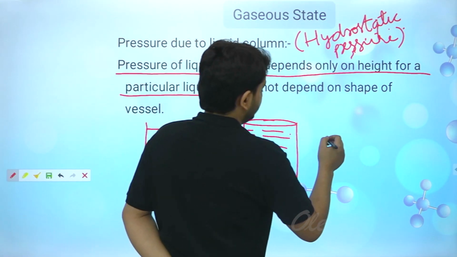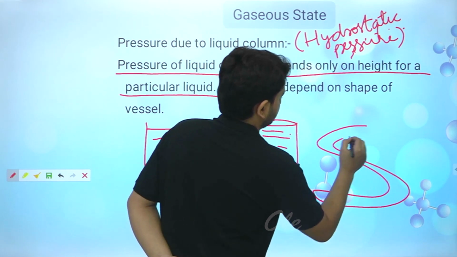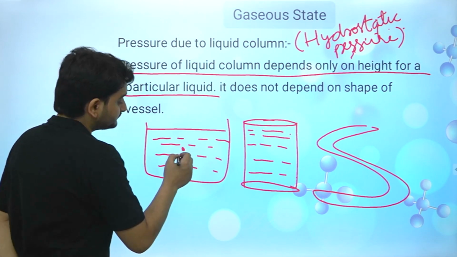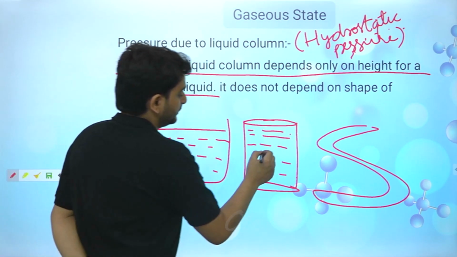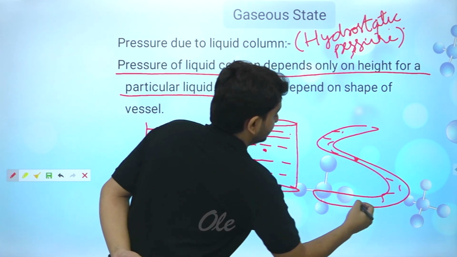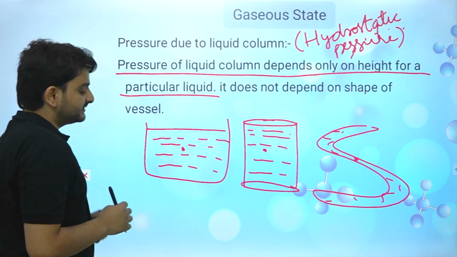Thirdly, let's say you have a container like this. If you're talking about the same heights, let's say we are measuring the pressure over here, and over here, at the same heights, then the pressure would be the same. Why is it the same?